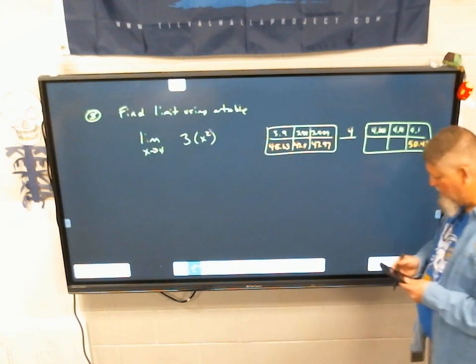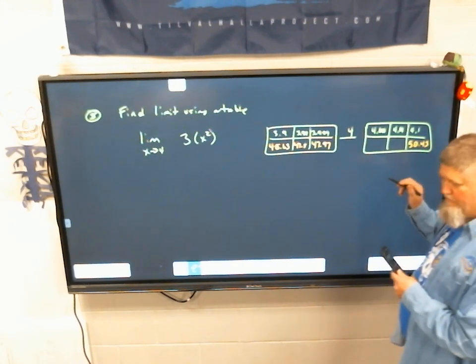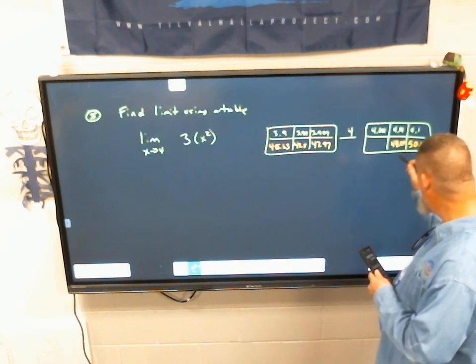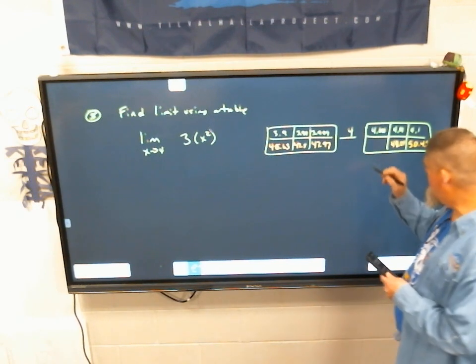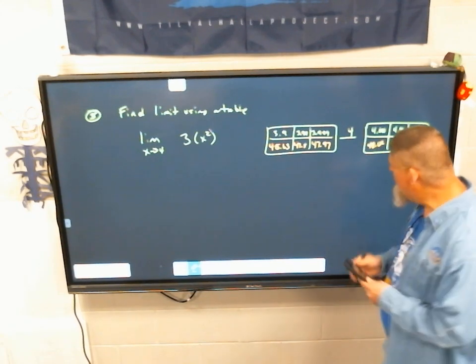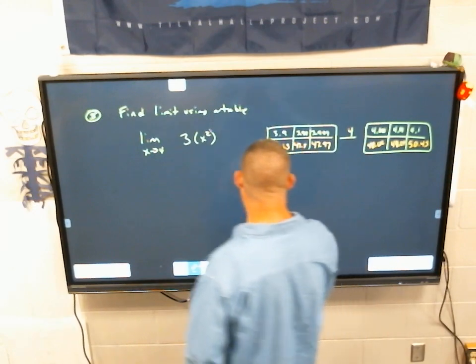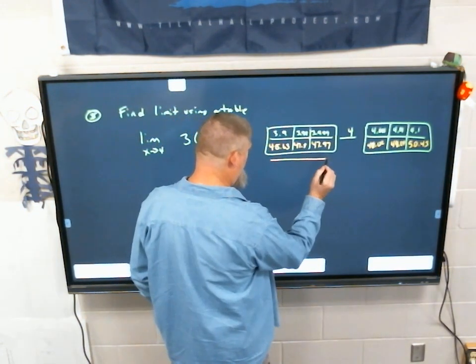Okay, what about when you put 4.01? 48.24. And what about when we put in 2 zeros there? 48.02. Okay? So, if I come from the left-hand side, if I'm coming from 3.9 to 3.99 and getting bigger, what value is it approaching?